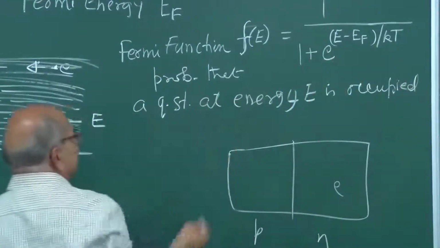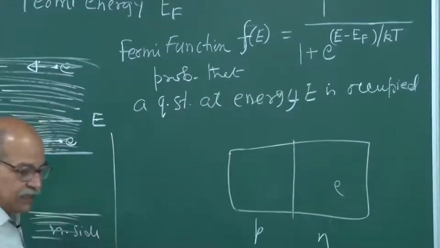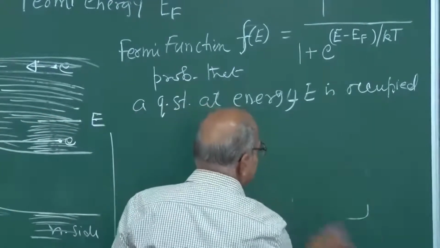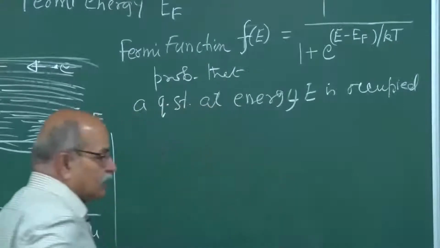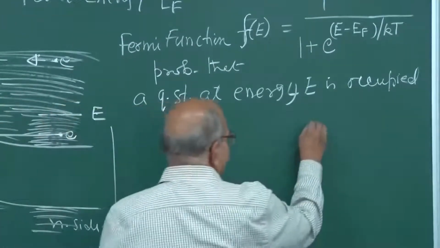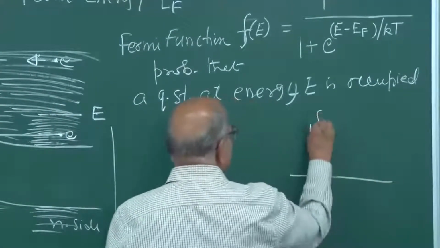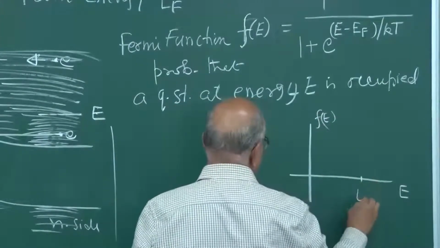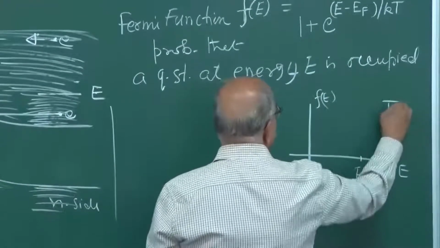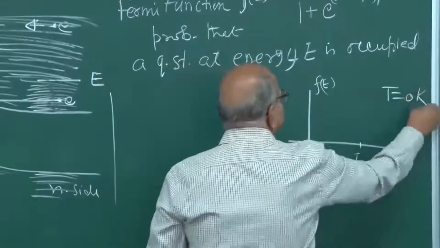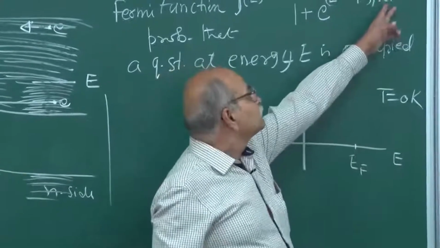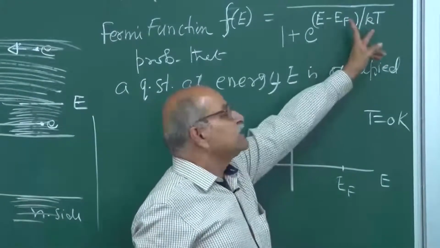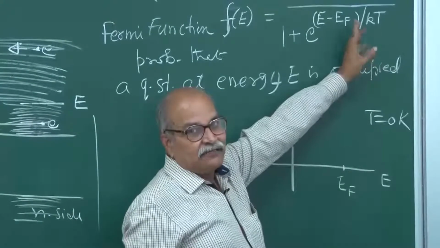Now if you plot this function, first let us plot it at T equal to 0, and see what happens. If you plot this function f(E) against E, and suppose this is EF, and suppose T is 0 K. So if T is 0 and this is in the denominator, this will be infinity.